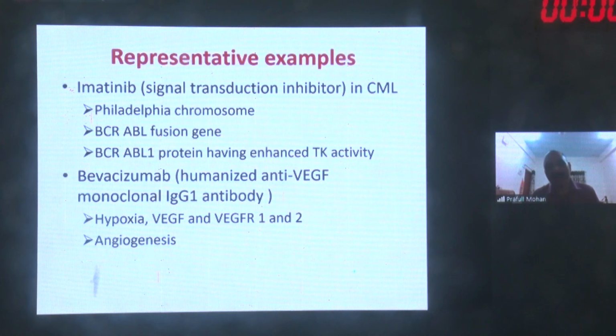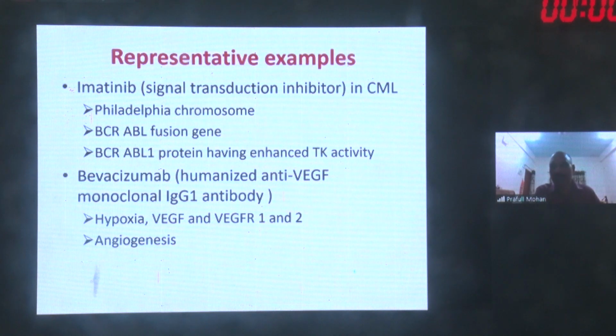So imatinib, which is a signal transduction inhibitor, and its role in chronic myeloid leukemia. So we have a genetic mutation which gives rise to the Philadelphia chromosome. We have an oncoprotein BCR-ABL, which gives rise to CML, and we have a drug which will block BCR-ABL, or would rather block its tyrosine kinase activity.